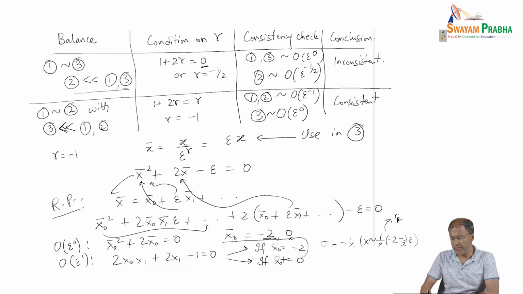So singular perturbation has been able to provide us with not only the root that the regular perturbation was giving us, that is R2, but also the other root R1, which was earlier missing and which was escaping to negative infinity as epsilon goes to 0. So in problems like these we start with singular perturbation and we will get all the solutions to the problem.